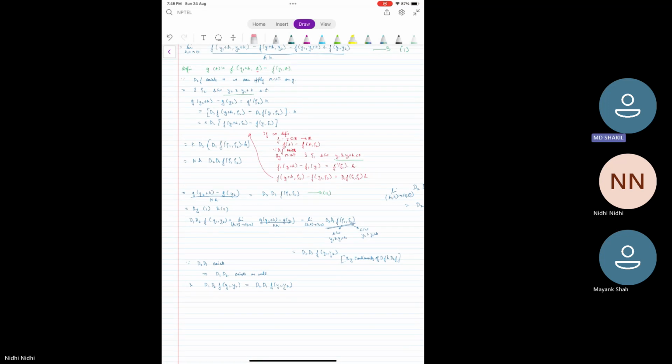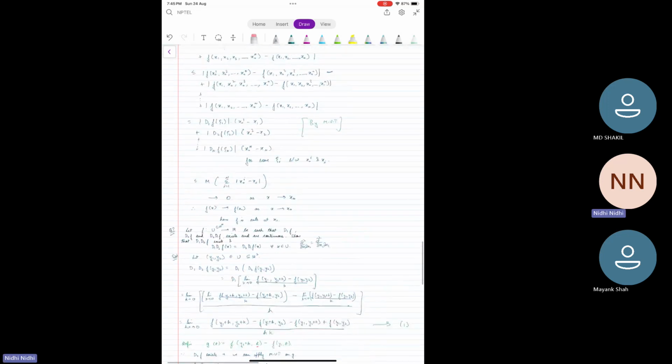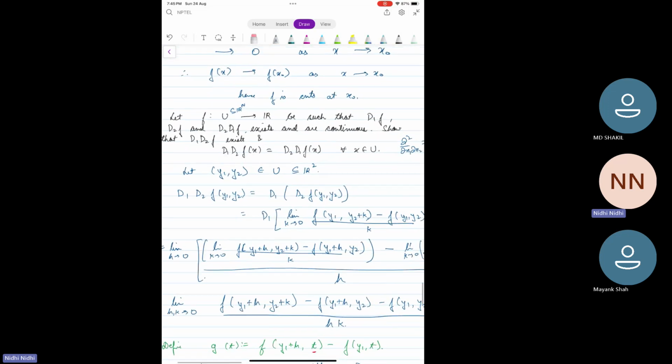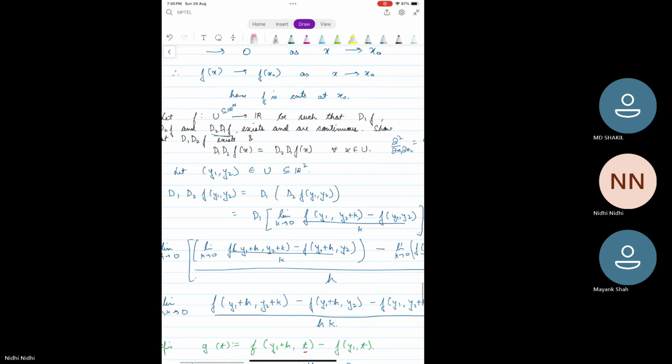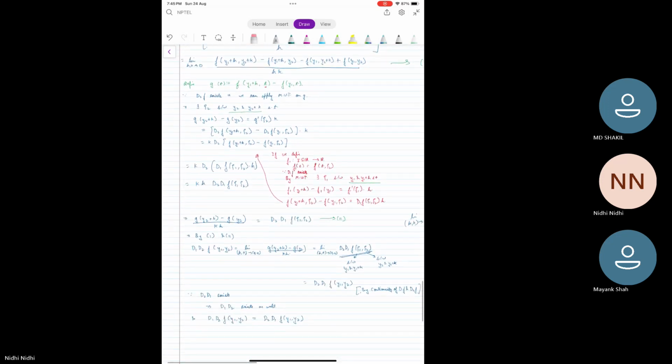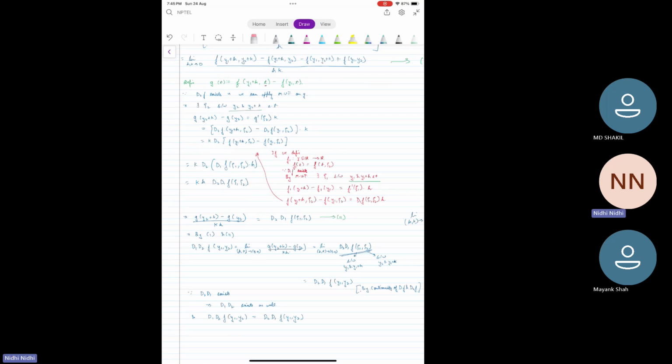I think the partial derivative d2 d1 f will also be required, and that is also given to be continuous. So when everything is continuous, we are on the safe side.